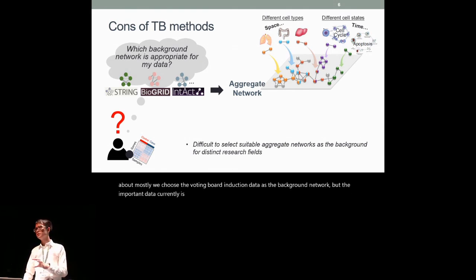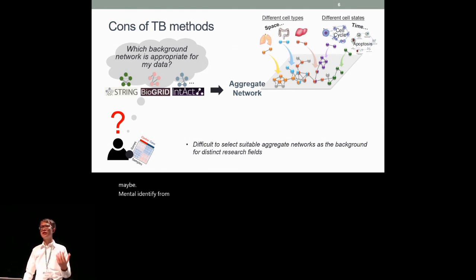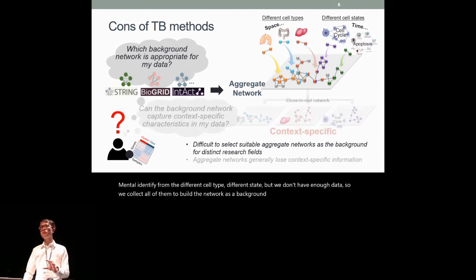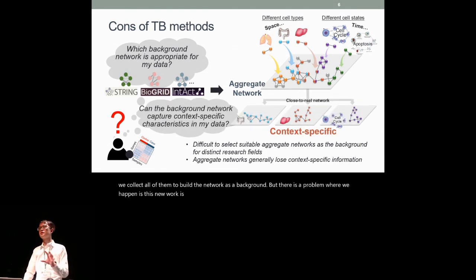So one thing we can do is collect all the data, maybe experimentally identified from different cell types and different states, and build the network as the background. But the problem is that this network is an aggregated one, not a context-specific one, so it will lose the context-specific information.